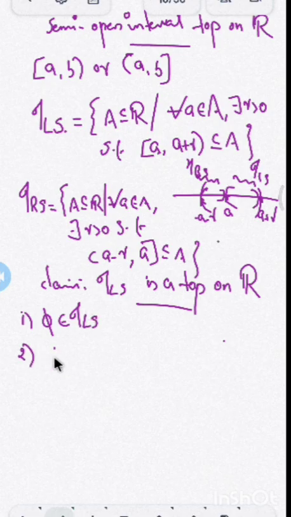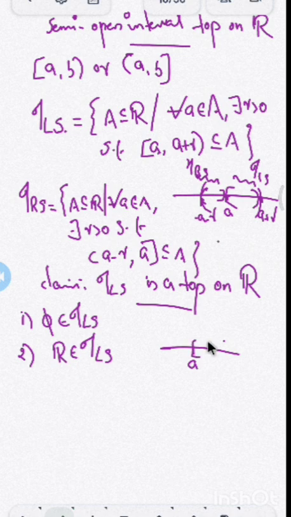Second, the real line itself is contained in tau ls. Why? Because when you take the real line and a is an element in it, then for any real number r, [a, a + r) is surely contained in the real line, because any number between a and a + r is a real number. So all of them belong to the real line itself. Therefore this interval is completely contained in the real line itself.